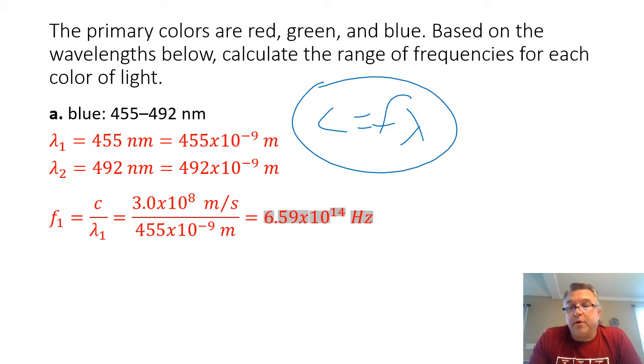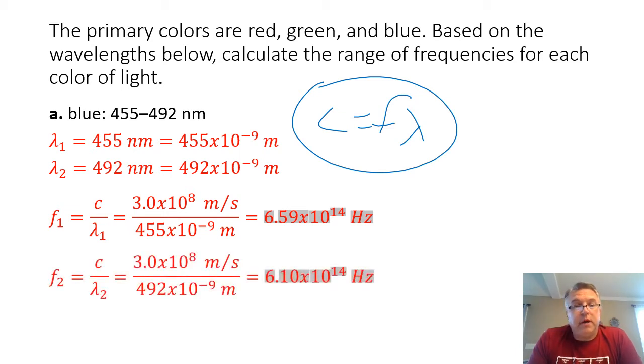Now for the upper range of the spectrum, 3.0 times 10 to the 8th meters per second divided by 492 times 10 to the minus ninth meters will give me a frequency of 6.10 times 10 to the 14th hertz.